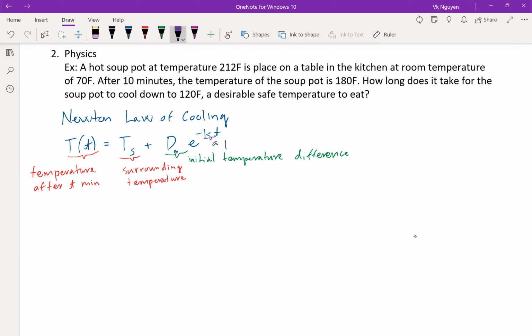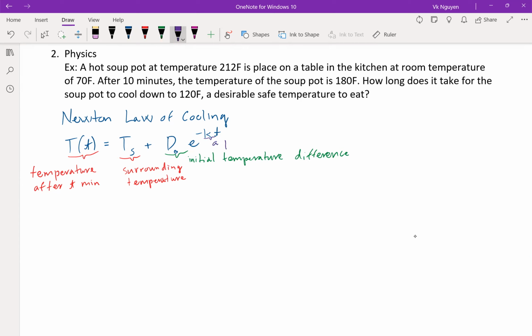Let's see how we're going to use it to solve this problem. A hot soup at temperature 212 degrees F. So this 212 here is a very important number. It's placed in the kitchen at room temperature of 70 degrees F. So 70 degrees F here.